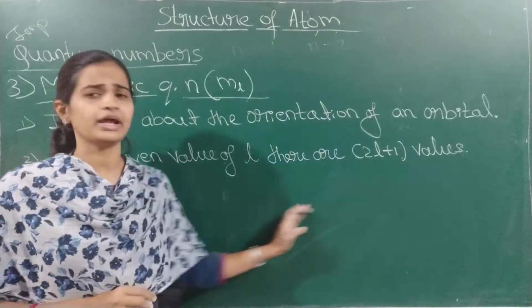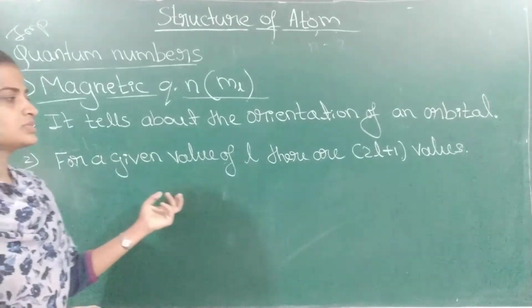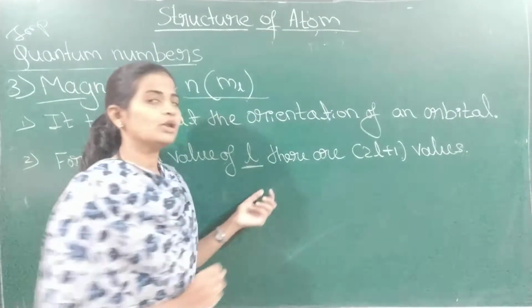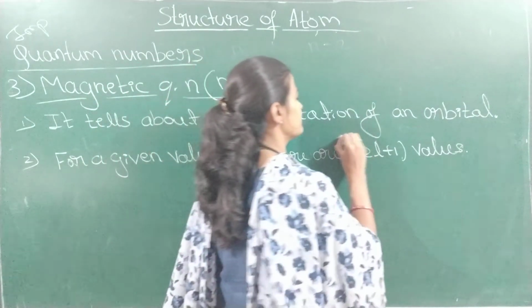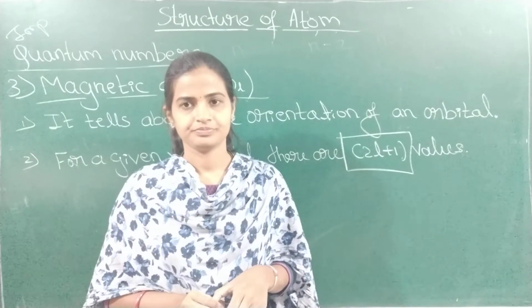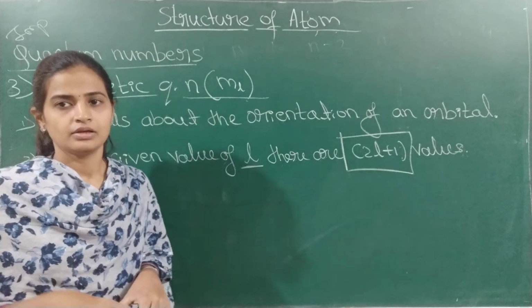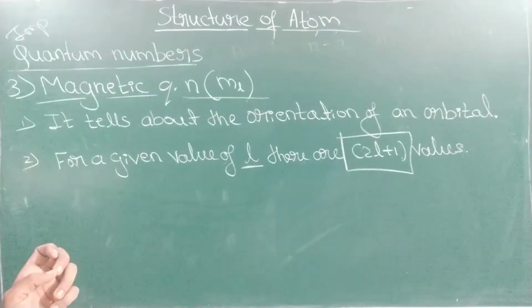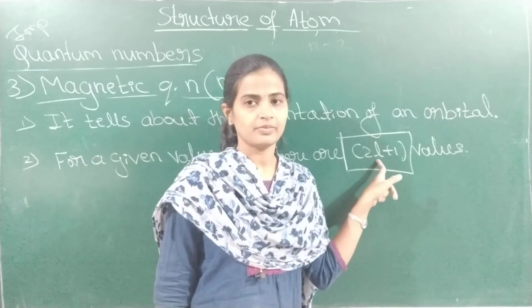Okay, then how to write the values of the magnetic quantum number? If the azimuthal quantum number value is known to us, the number of magnetic quantum number values is given by the formula 2l plus 1. 2l plus 1. Okay, where l is what? Azimuthal quantum number.